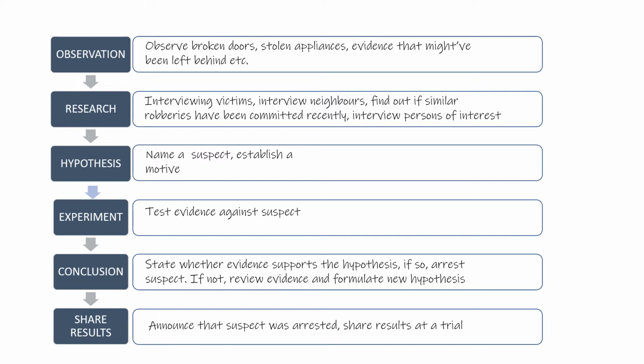If so, the suspect might be arrested. And if not, we have to review the evidence and formulate a new hypothesis. Once we have concluded, we have to share our results by announcing either that the suspect was arrested on a news channel, documentary, or even at a trial.